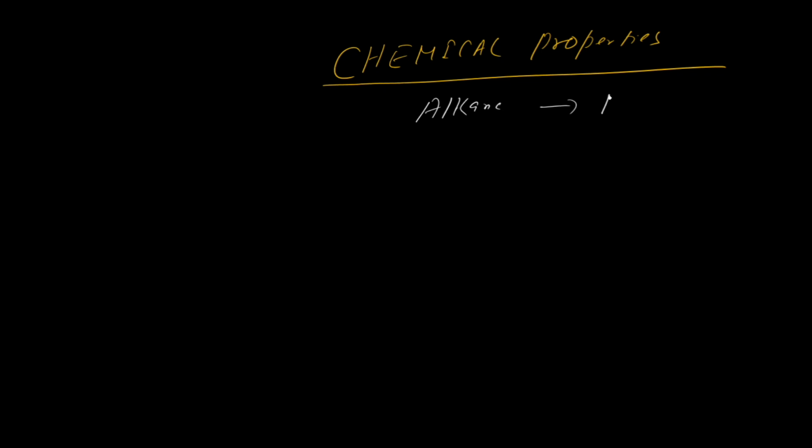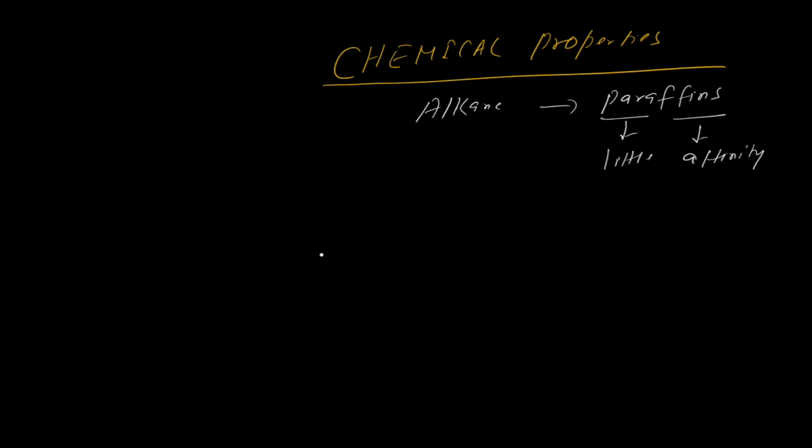What is the meaning of paraffins? Paraffins means little affinity, less reactive. Para means little and affins comes from affinity. So it has less affinity, which means it is less reactive.